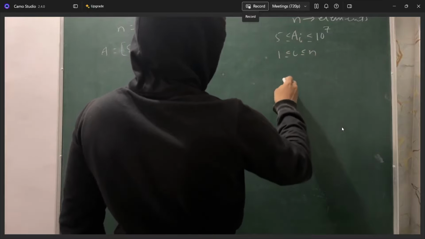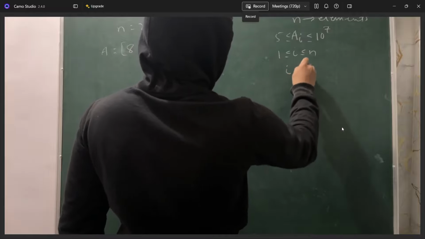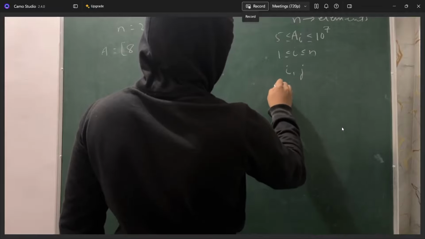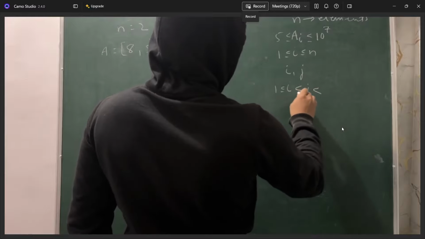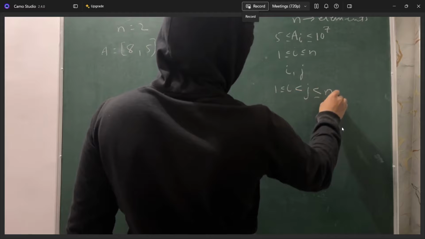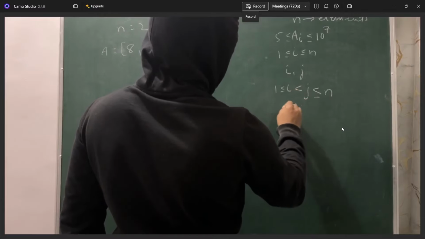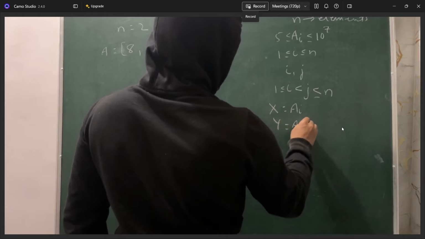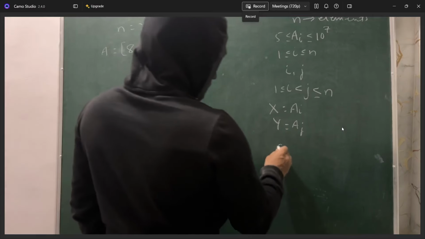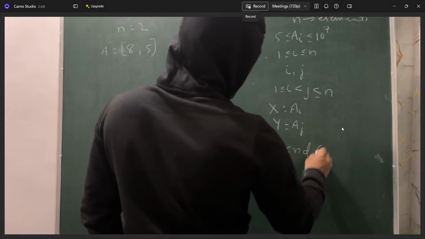In this array, you need to take one i and j in such a way that i should be greater than or equal to 1, less than j, and j should be greater than i, less than or equal to n. Let's say you have taken A_i as x and A_j as y. Now you'll have to find the GCND of these two, the greatest common non-divisor of x and y.